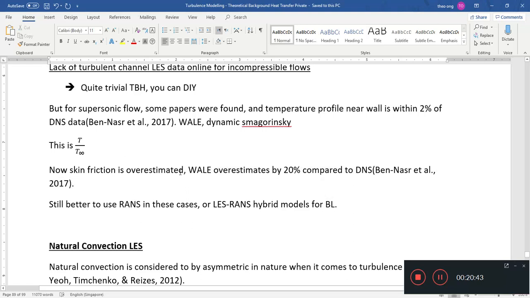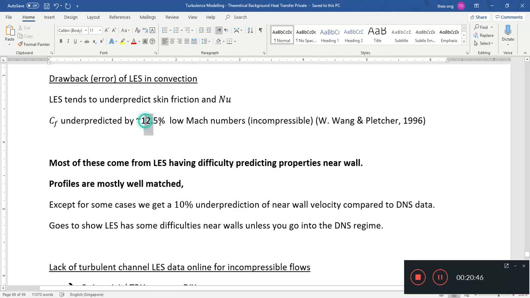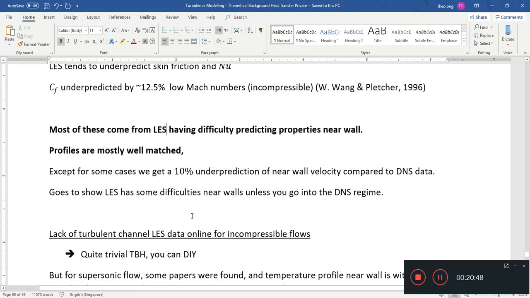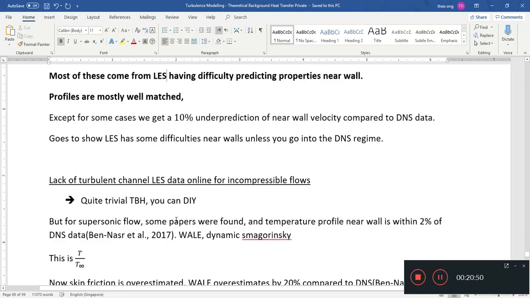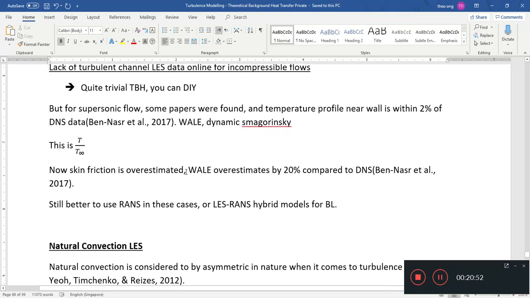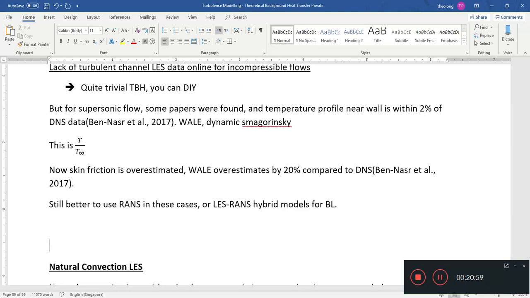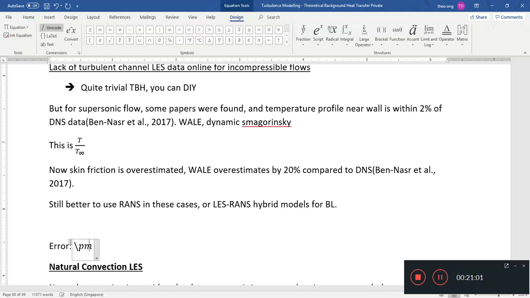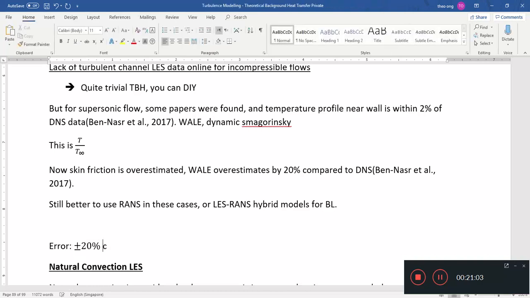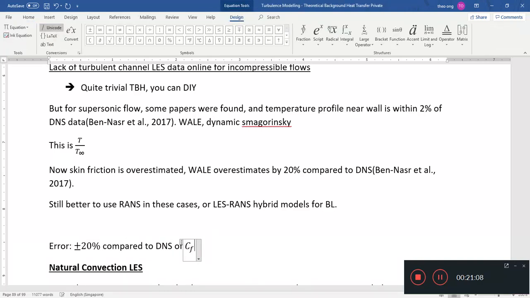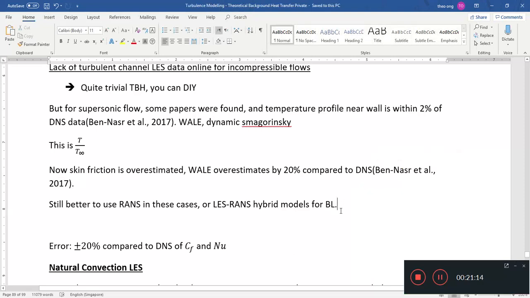So for dynamic Smagorinsky, it looks like it usually underestimates the friction near the wall. For WALE, it may overestimate for this case. So you can kind of give yourself a plus minus error. It's plus minus 20% compared to DNS of skin friction coefficient and Nusselt number. So you can go and look at these papers. They are very telling of this.